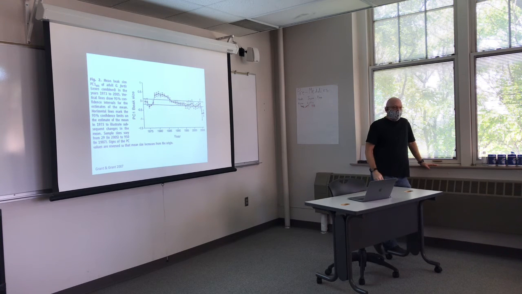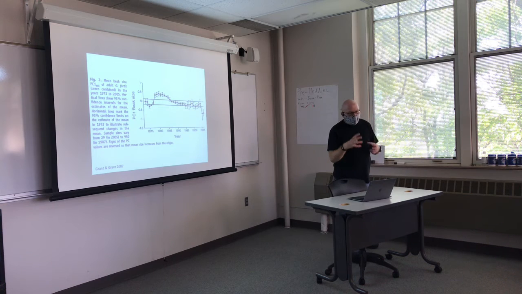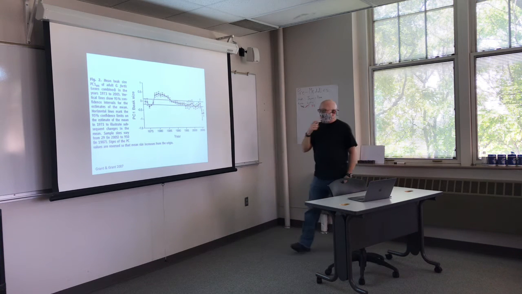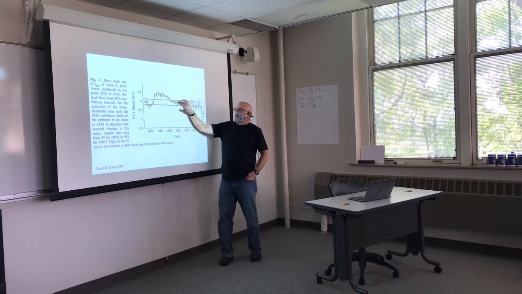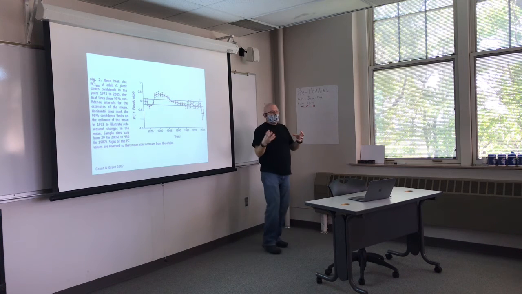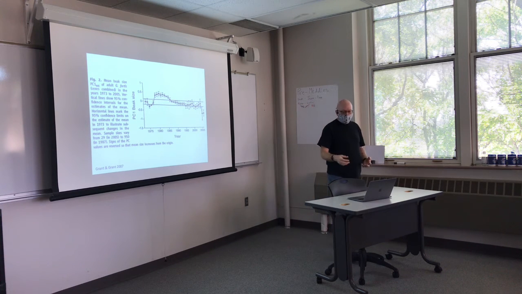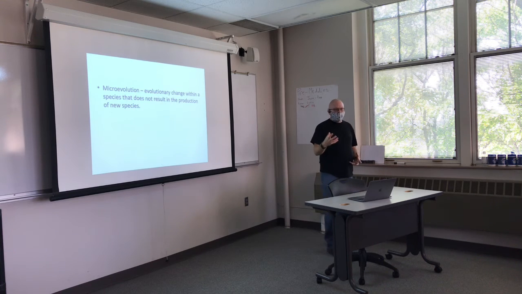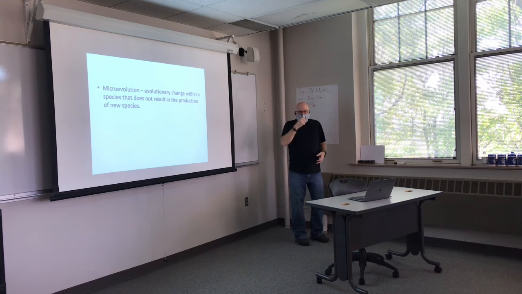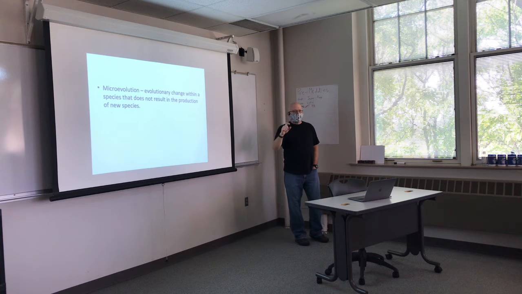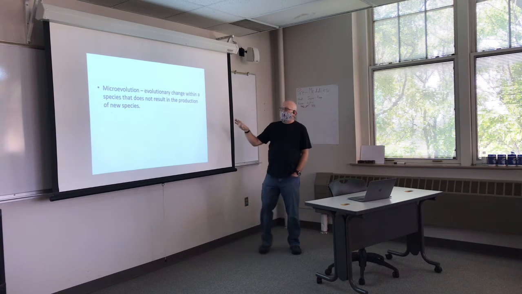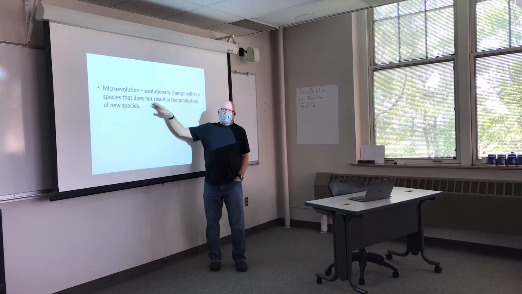One of the things that you should know is that oftentimes evolution occurs, but it doesn't have any sort of long-term change on the morphology of the species. This evolutionary change is what we refer to as microevolution. It can have effects on the morphology, or it cannot, but the degree of change is not such that you ever evolve a new species.